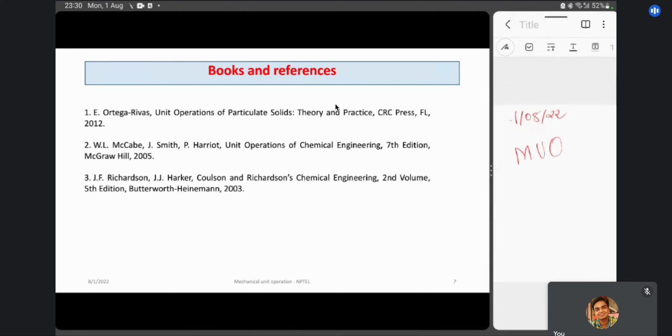And the most important book of this subject is Unit Operations of Chemical Engineering by W.L. McCabe and J. Smith. And Coulson and Richardson's Chemical Engineering, volume two, we also use for a little bit of discussion on solid-fluid interaction.